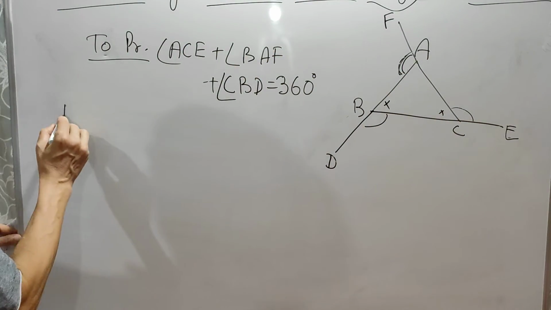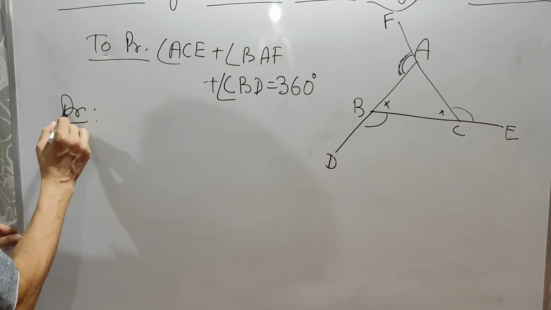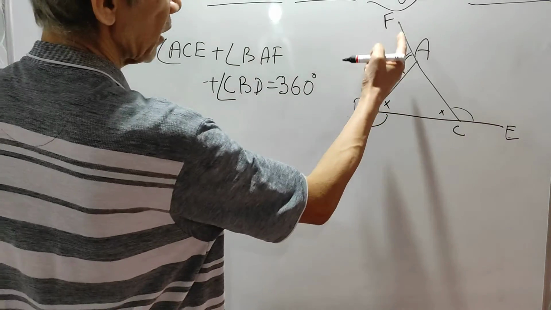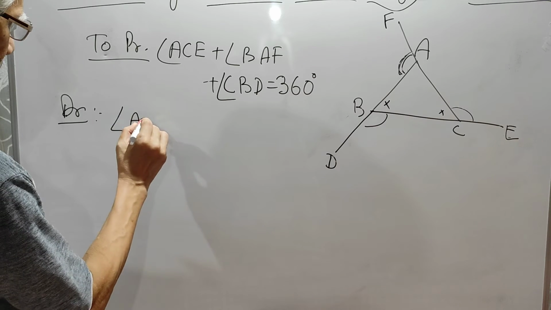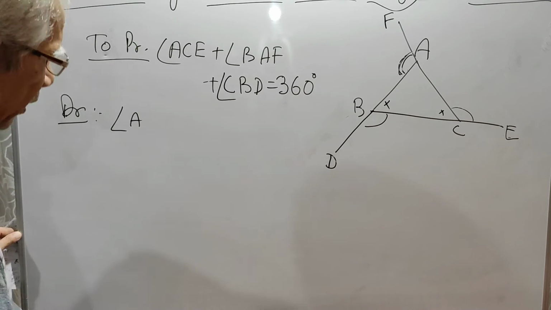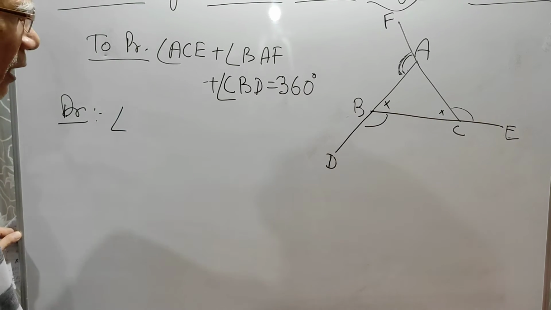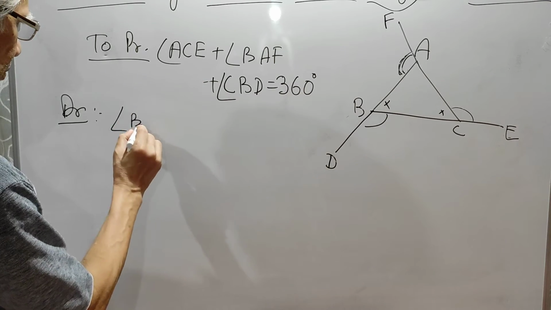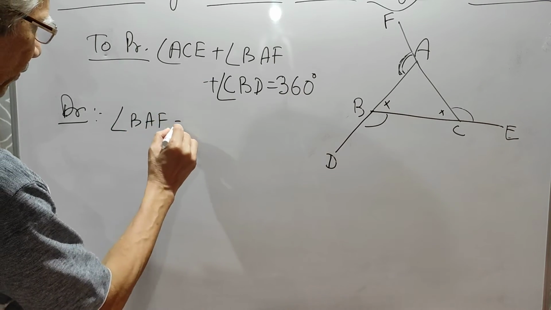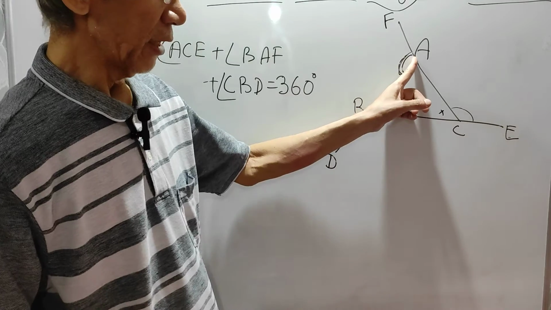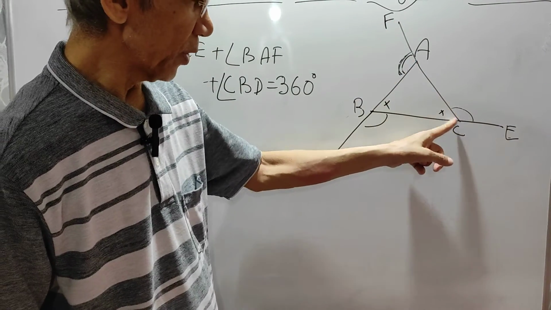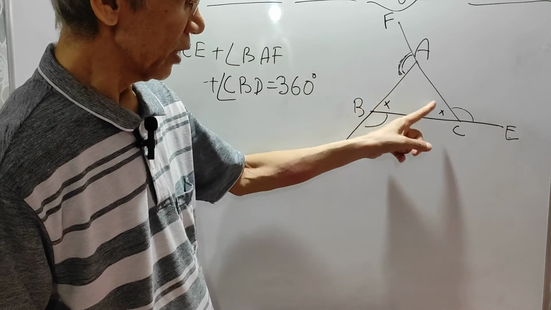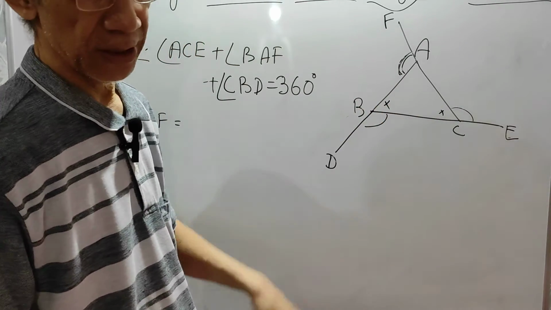So now the proof. This angle BAF, the external angle at A. At each point there are two angles, internal and external.